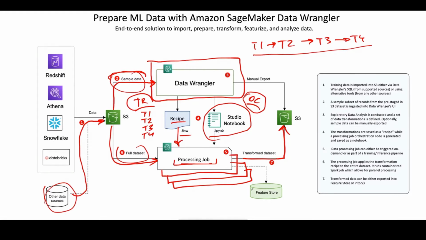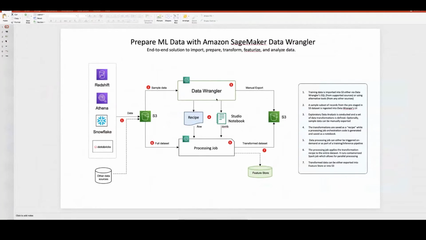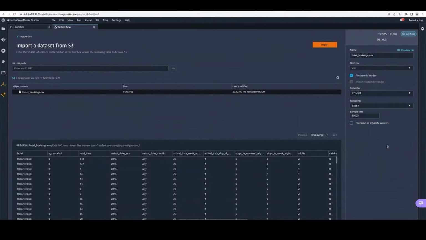At the end of the lab, we will also explore some of the options of how these processing jobs can be scheduled. There is a number of options there. But for now, just so you know, this is why we are seeing the sampling choice on the right-hand side in our Studio UI right here.